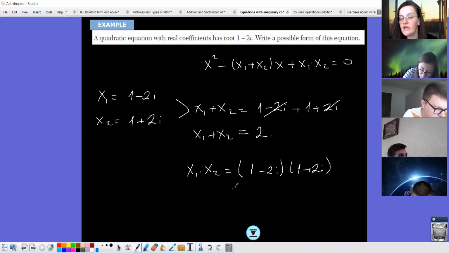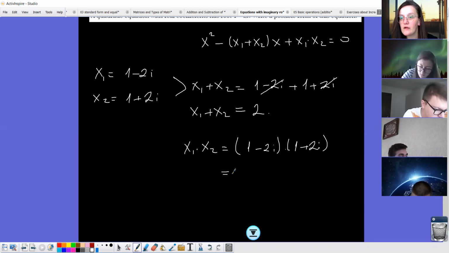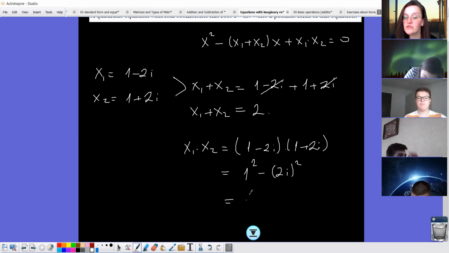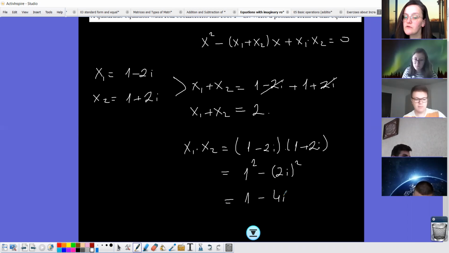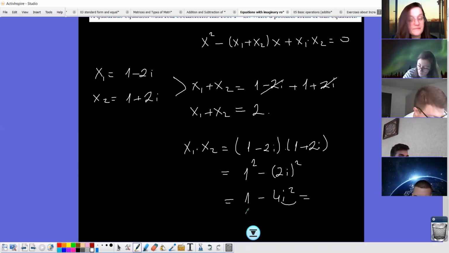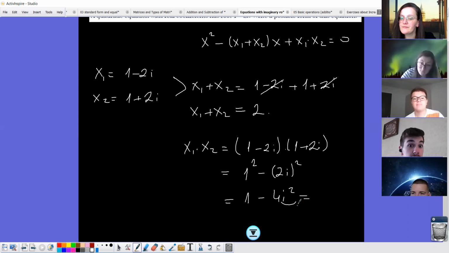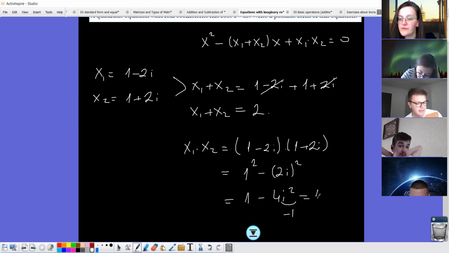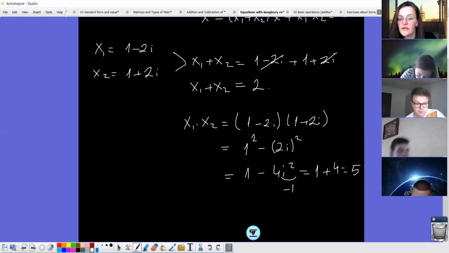How will we solve this? (a minus b) times (a plus b) is 1 squared minus (2i) squared, which is 1 minus 4i squared. And what is i squared, Alexander? Minus 1. Then minus 4 times minus 1 is plus 4, so it is 5.